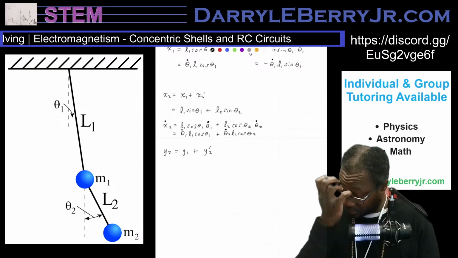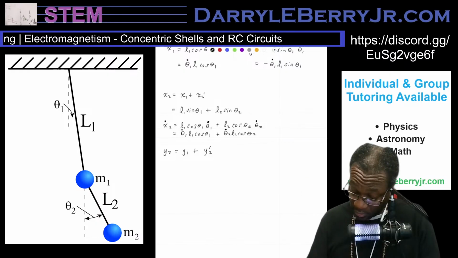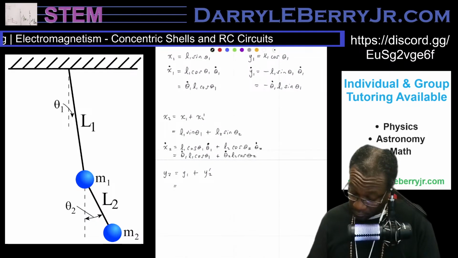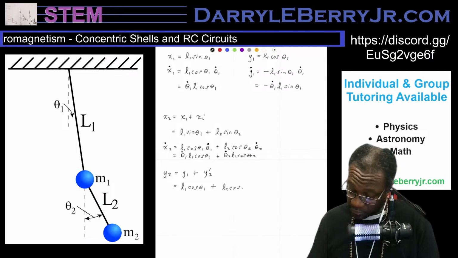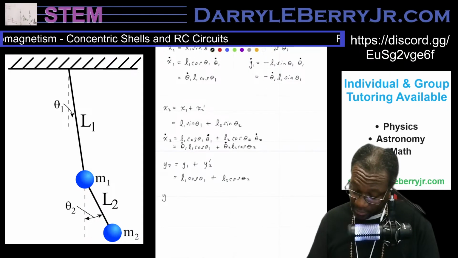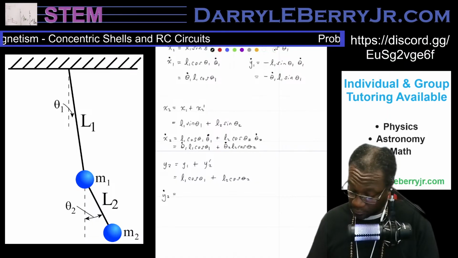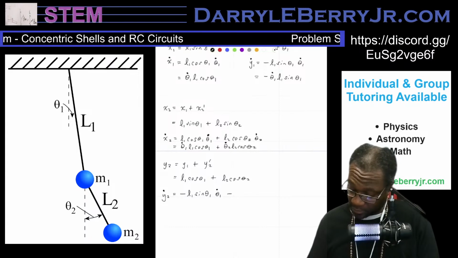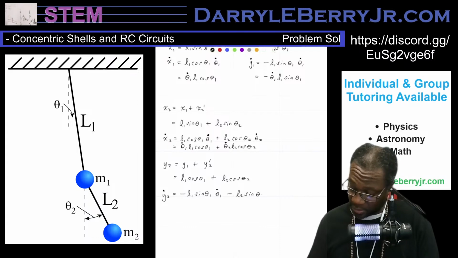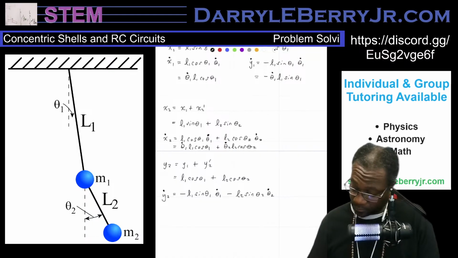So y2 equals y1 plus y2 prime, which equals L1 cosine theta 1 plus L2 cosine theta 2. y dot 2 equals negative L1 sine theta 1 theta dot 1 minus L2 sine theta 2 theta dot 2.